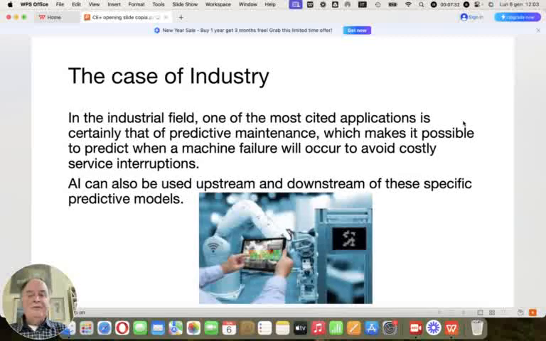In the industrial field, one of the most cited applications is certainly that of predictive maintenance, which makes it possible to predict when a machine failure will occur to avoid costly service interruptions. AI can also be used upstream and downstream of these specific predictive models.